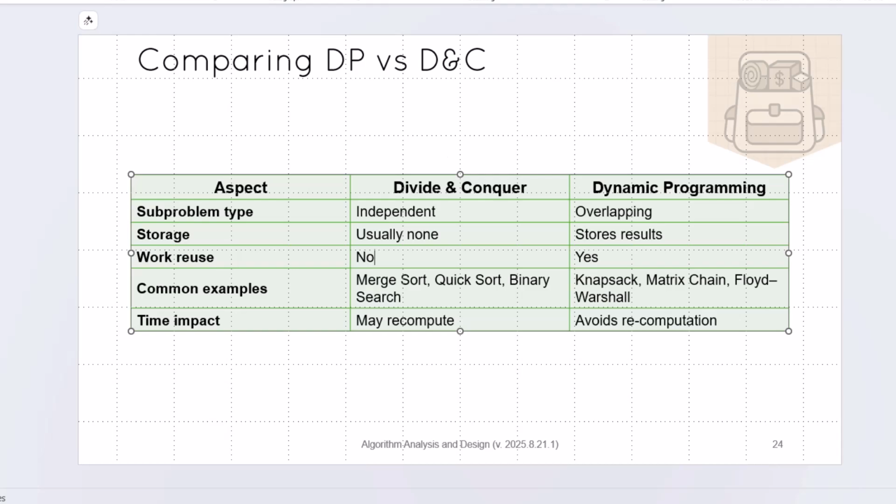Common examples of divide and conquer are merge sort, quick sort, binary search. Dynamic programming would be the 0-1 knapsack problem, matrix chain, Floyd-Warshall algorithm. Time impact: we may recompute stuff with divide and conquer, in some cases many times. And then in dynamic programming, we avoid recomputation.